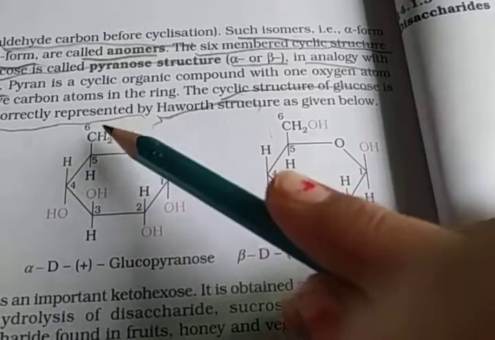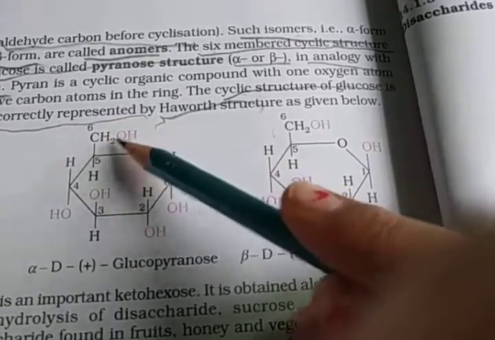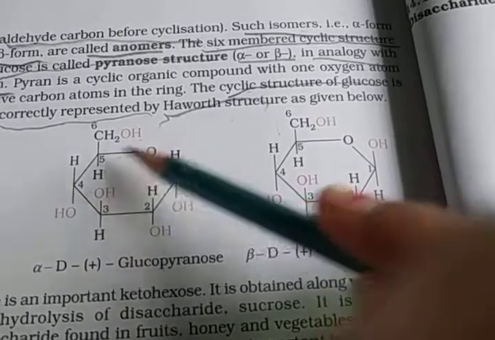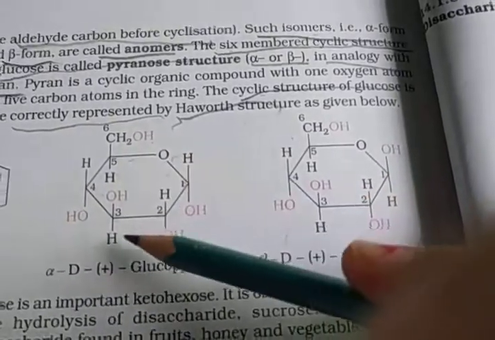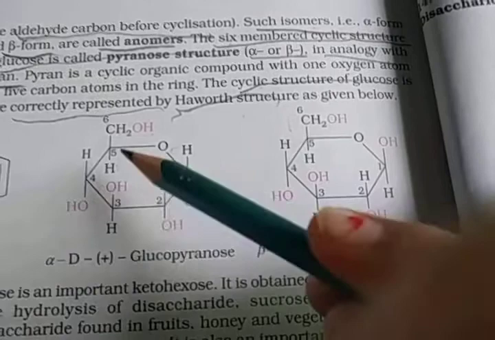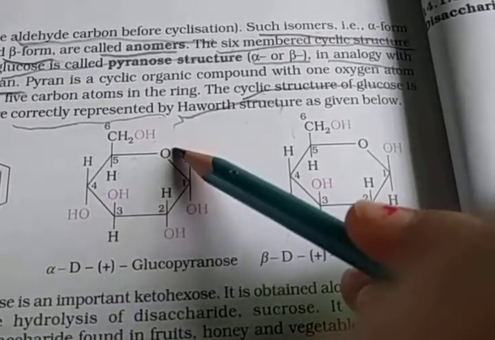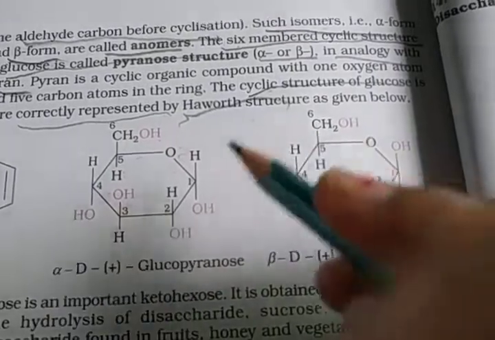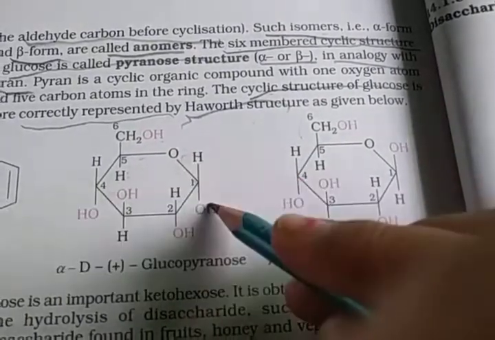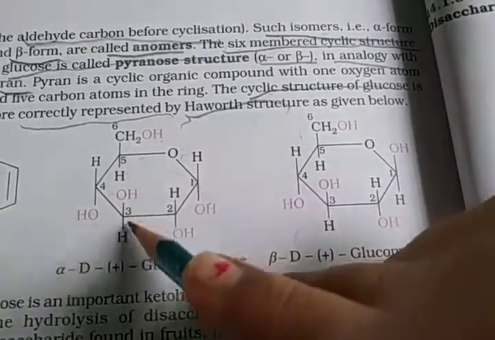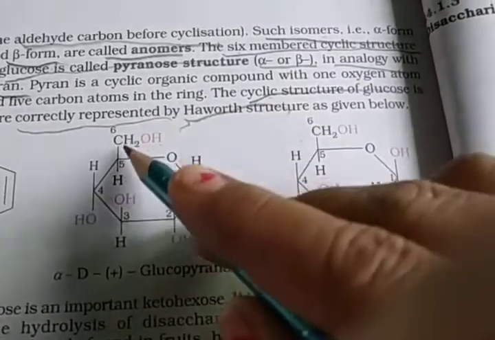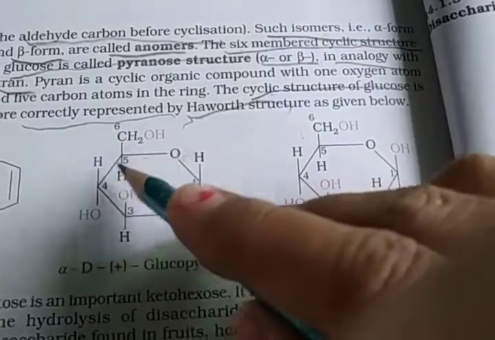The 5th carbon is attached to the 6th carbon, CH2OH, because the first carbon and the fifth carbon are attached by oxygen. So here you see the first carbon H, OH, second HOH, third OHH, then fourth HOH, and the 5th attached with the 6th carbon CH2OH.